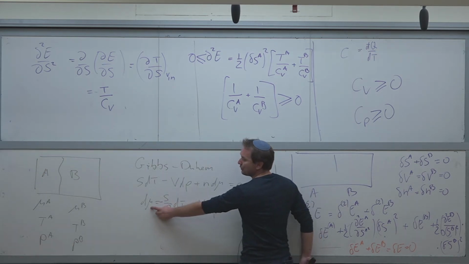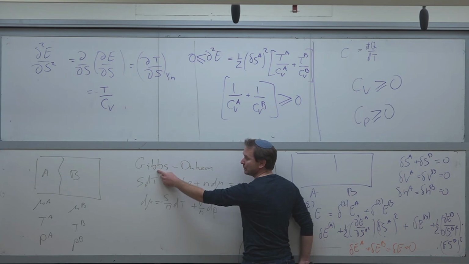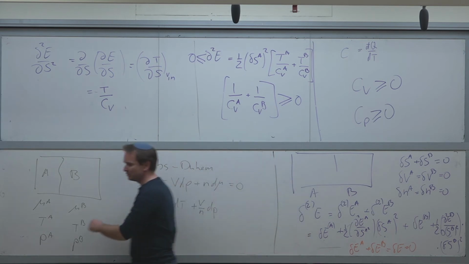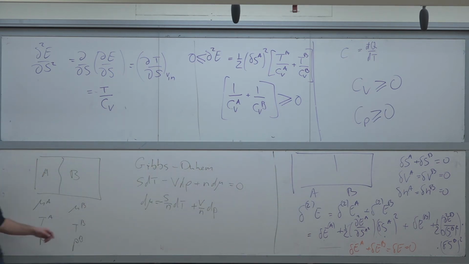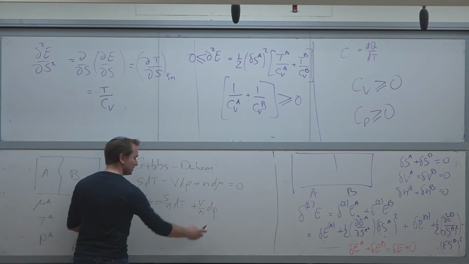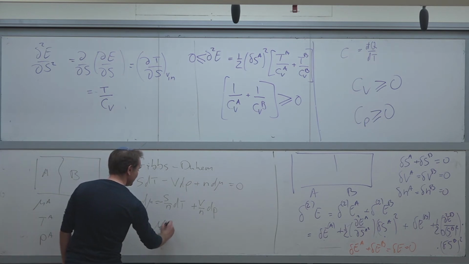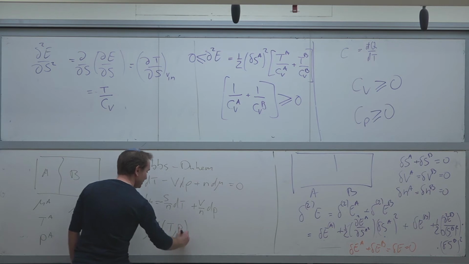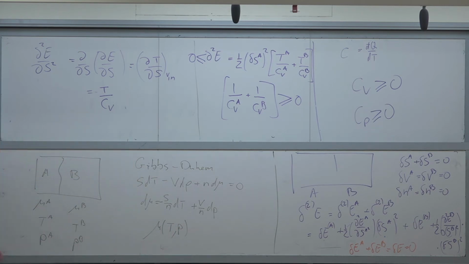So mu, okay, at least from the Gibbs-Duhem equation, I can write always mu as a function of the temperature and the pressure. Mu is a function of temperature and pressure. Okay? So let's look on the two systems of ours, and we're saying that the temperatures of those two systems are equal to each other.